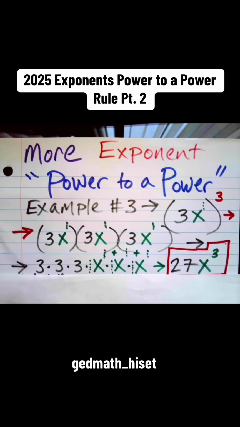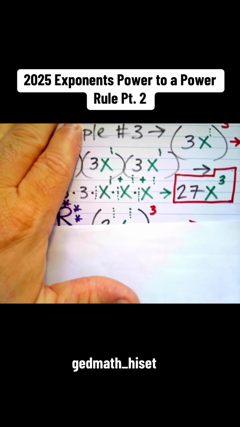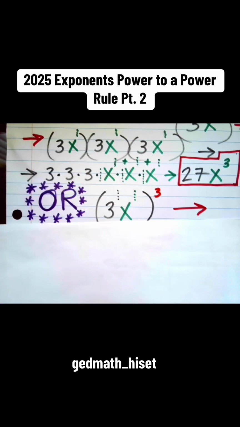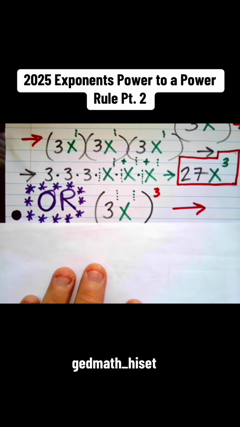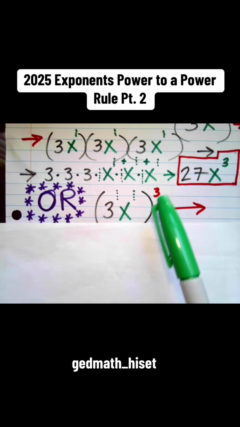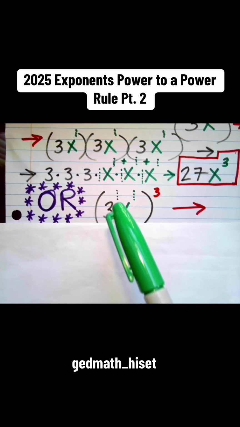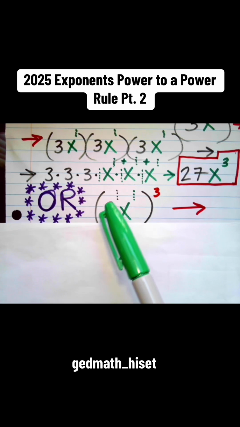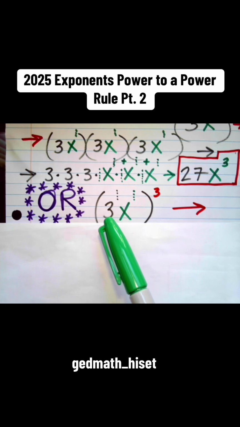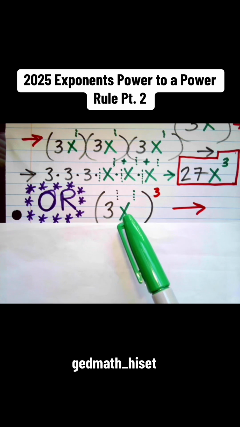Let's take a look at the same problem, but solved in a little bit different of a way. So as you can see here, it's the same problem, 3x raised to the power of 3. But now I'm showing you the invisible 1 that's attached to this coefficient, 3, and the variable x.